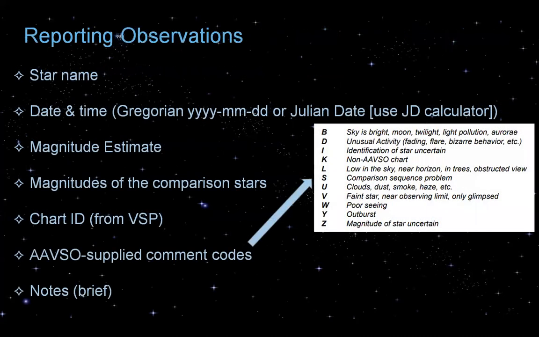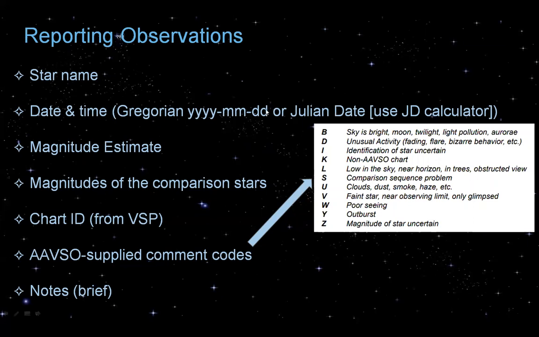Now, to report your observation, you'll need to provide the following bits of information. The star name, we talked about one already, Zeta Ursa Majoris. The date and time, that could be the Gregorian year, month, day, or the Julian date. You can use a Julian day calculator. There's a Julian day calculator available at the website. Lots of planetarium desktop programs can provide you the Julian date.